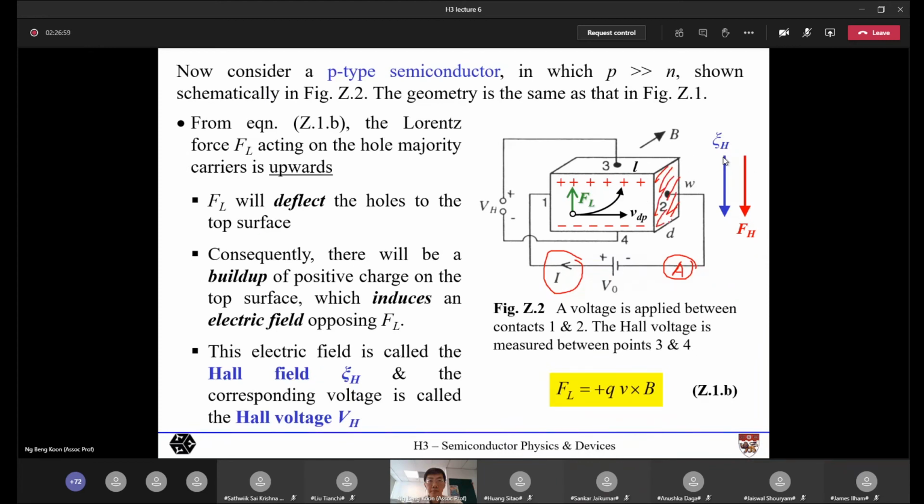If you have a rectangular piece of semiconductor, you can use an instrument to measure D and W. So if you know D and W, then it's just current divided by D and W. In fact, in the Lab 2 experiment, the dimensions of the semiconductor will be given to you as well, so you use these parameters to do the calculation.